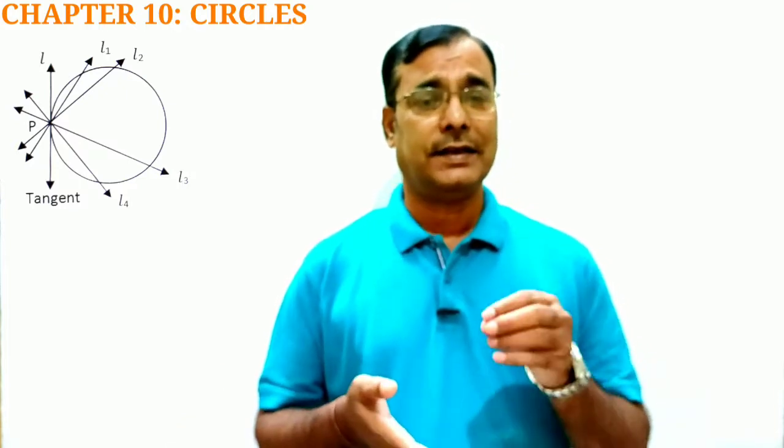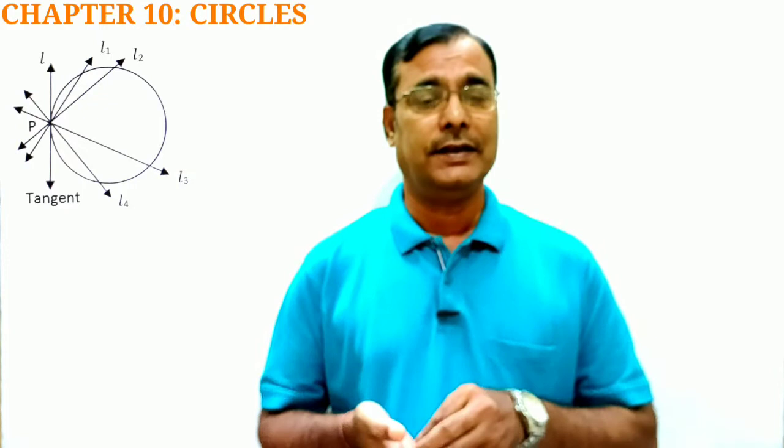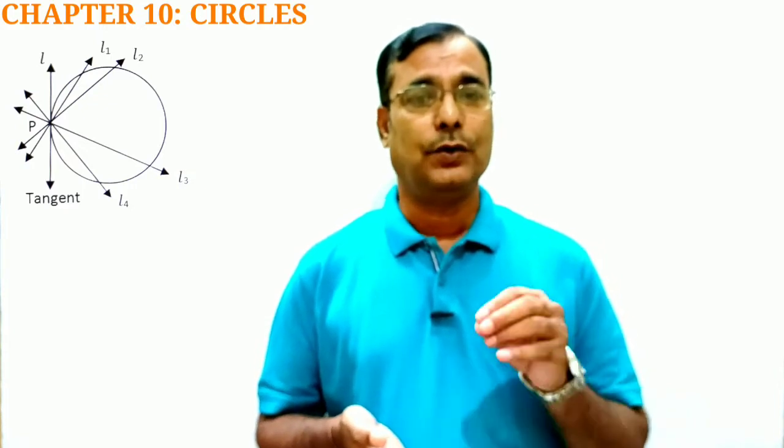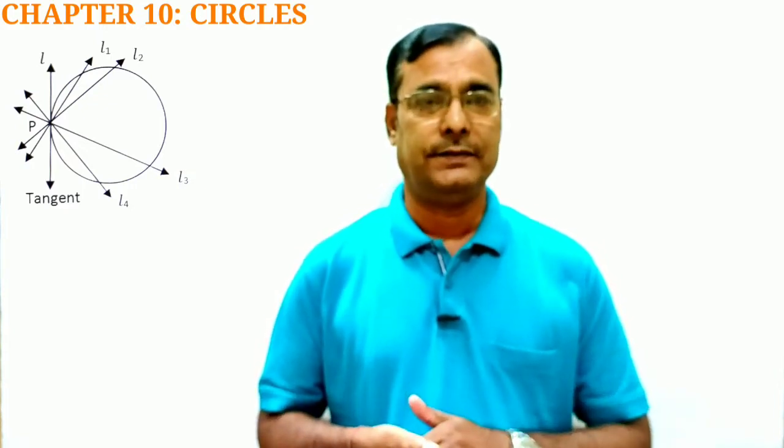Hence, at a point on a circle, there is only one tangent to the circle.